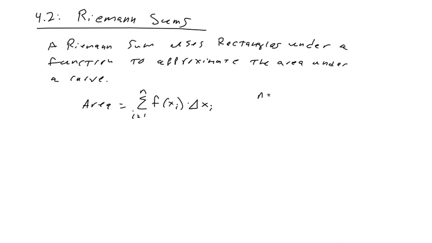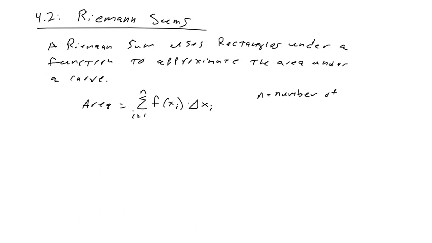N, in this case, the n that we have up here, is the number of what do they call them? They call them intervals? No, they call them something else. Subintervals.